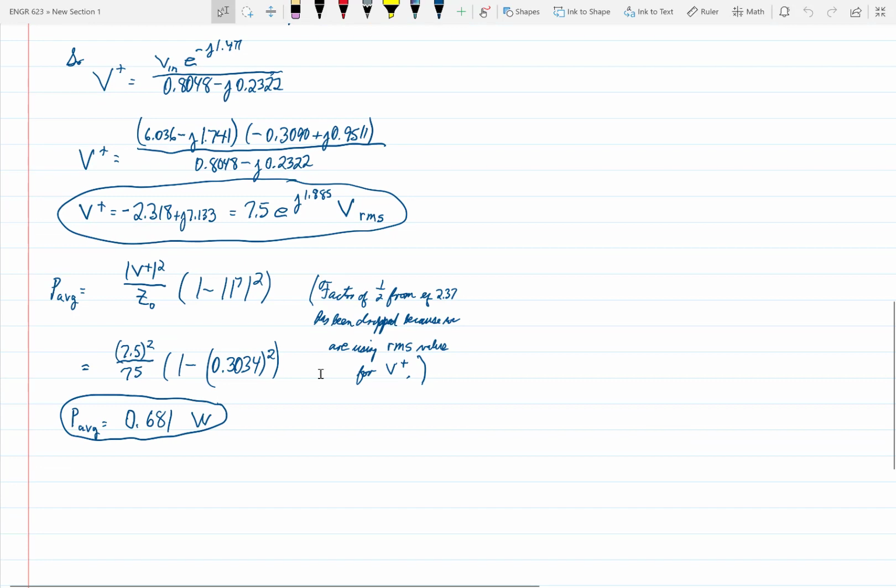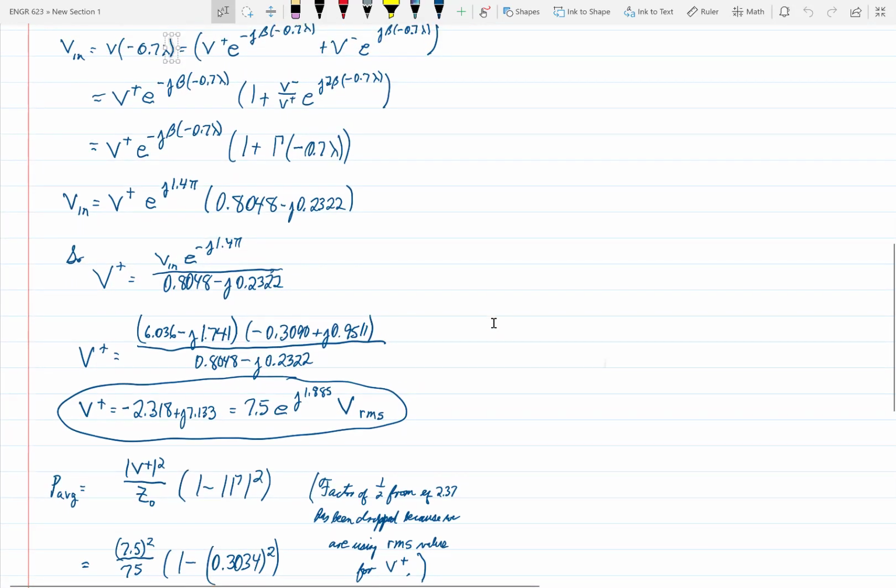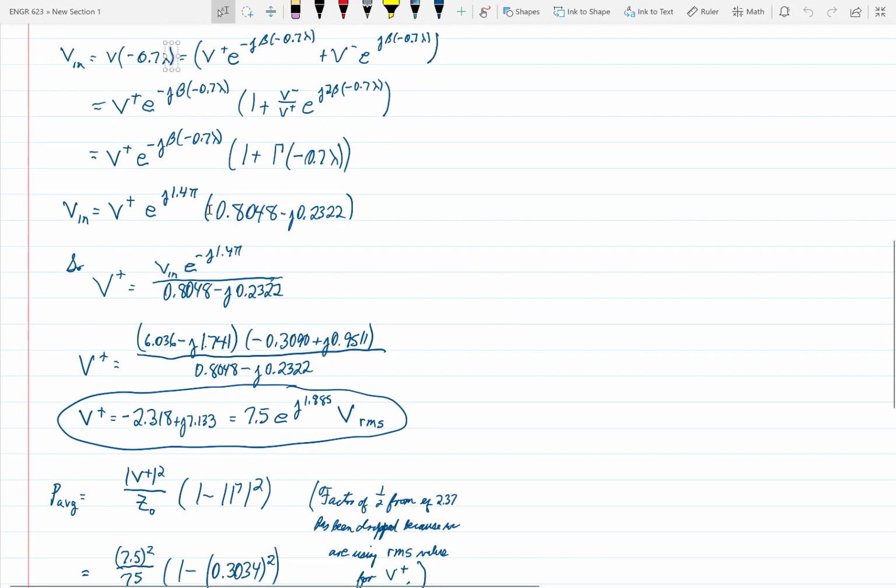The formula here is equation 2.37, which we will get to shortly. So here we have substituted for V plus, and if we go ahead and do the complex calculation, we get that V plus is equal to 7.5 e to the j 1.885 volts RMS.